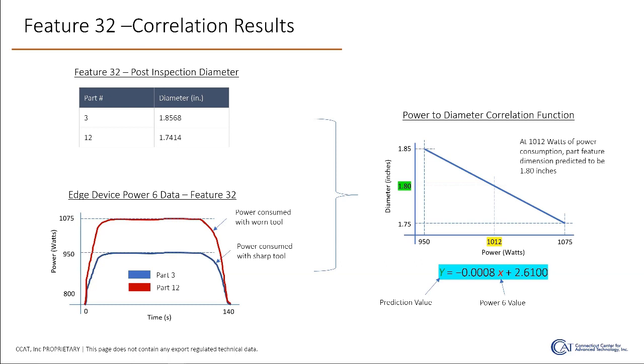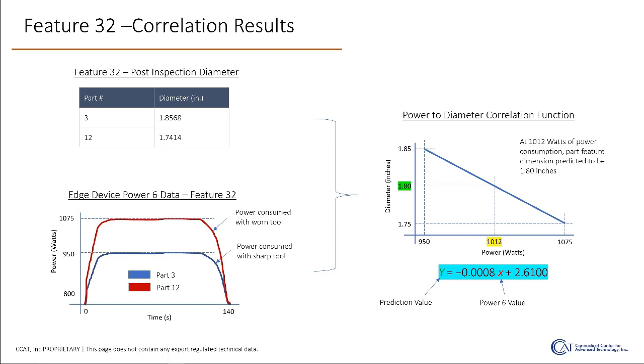Now, what's interesting here is that from part 3 to part 12, because we're using the same tool, that tool is being worn. So by the time we're cutting part 12 pocket, we're doing it with a tool with a dull edge. So what we're seeing is that in this particular machining operation, it resulted in the spindle power consumption increasing.